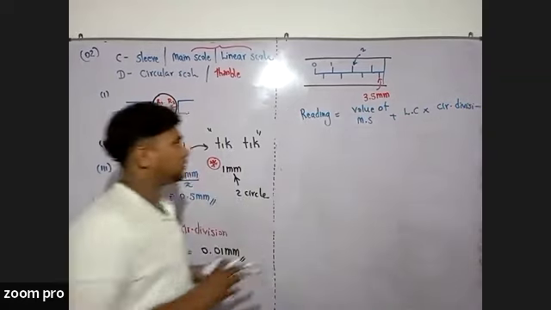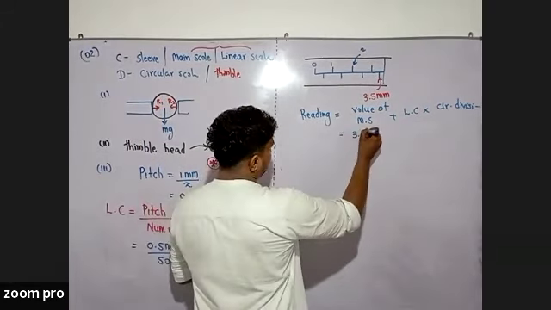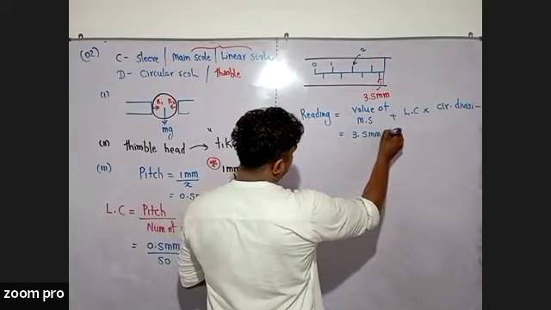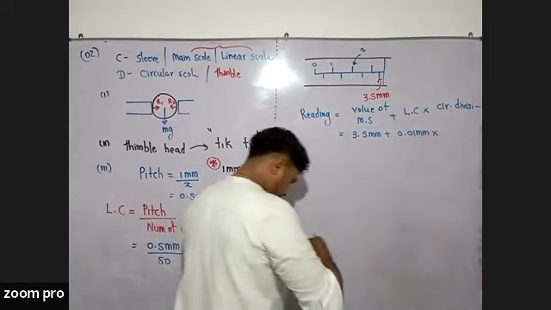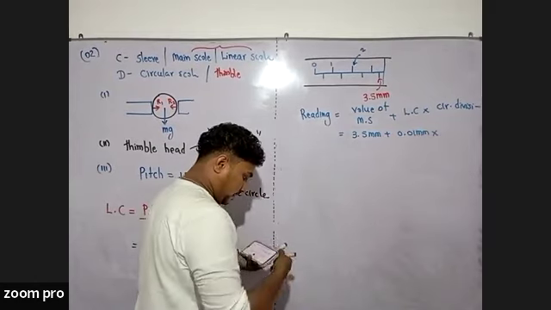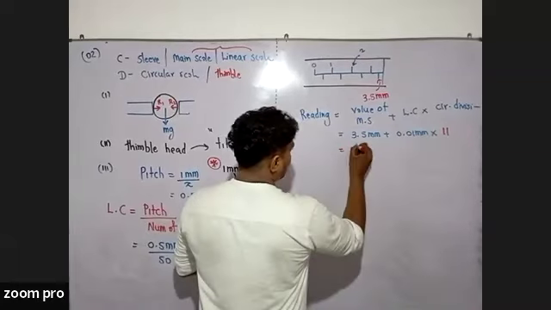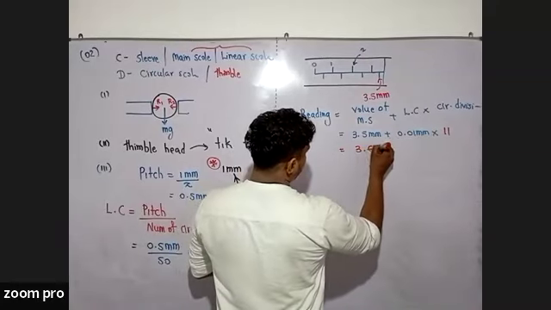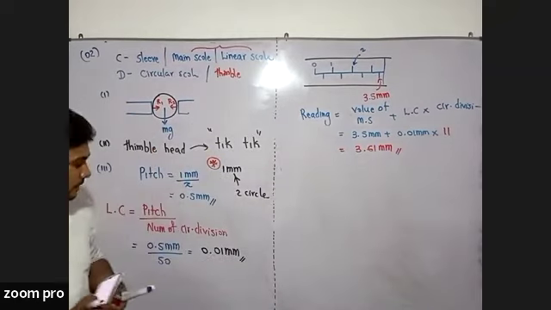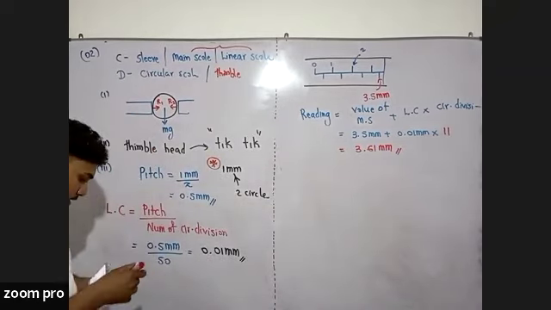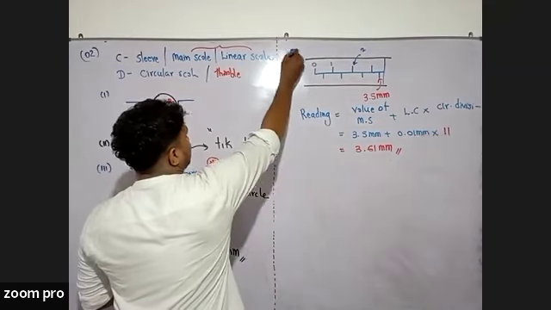So the value of the main scale should be substituted as 3.5 millimeters plus 0.01 millimeters times the coinciding value, which is marked as 11. So the answer should be 3.61 millimeters. So this is the reading of this object. This is the answer for the third one.